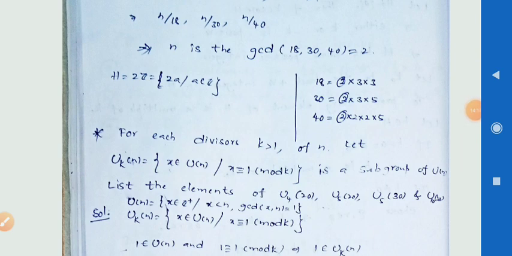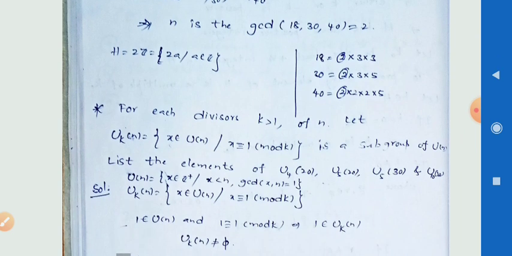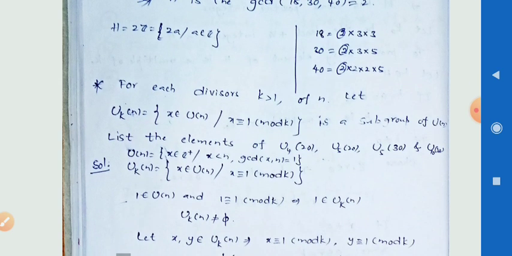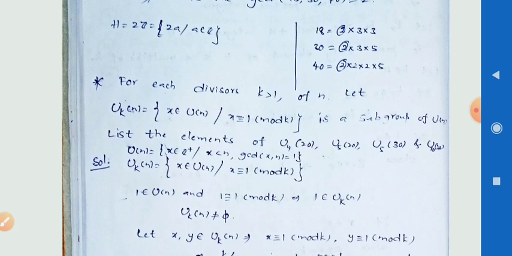This is a subgroup of U(n). Here U(n) means relatively prime numbers. List the elements of U_4(20), U_5(20), U_5(30) and U_10(30). Here we have to find the list of the elements. U(n) means relatively prime numbers.